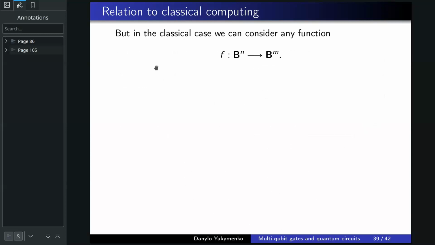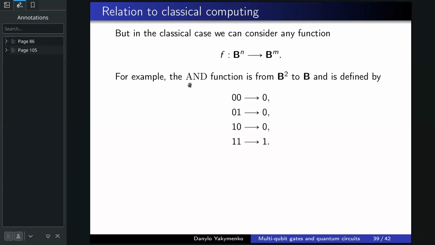Okay, but in the classical case, we can consider any function. We can define any function from n-bit strings to m-bit strings, right? For example, the usual AND function is from 2 bits to 1 bit and defined by this rule: it is 0 unless these 2 bits are 1, and then it's 1.